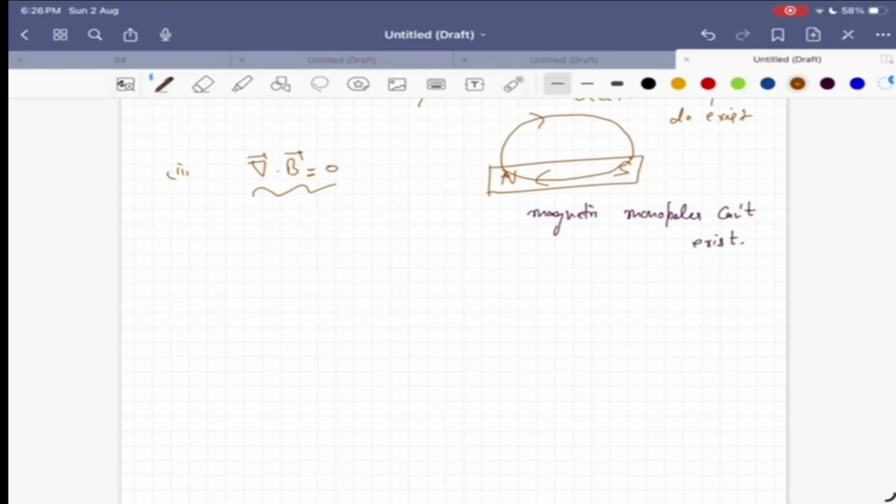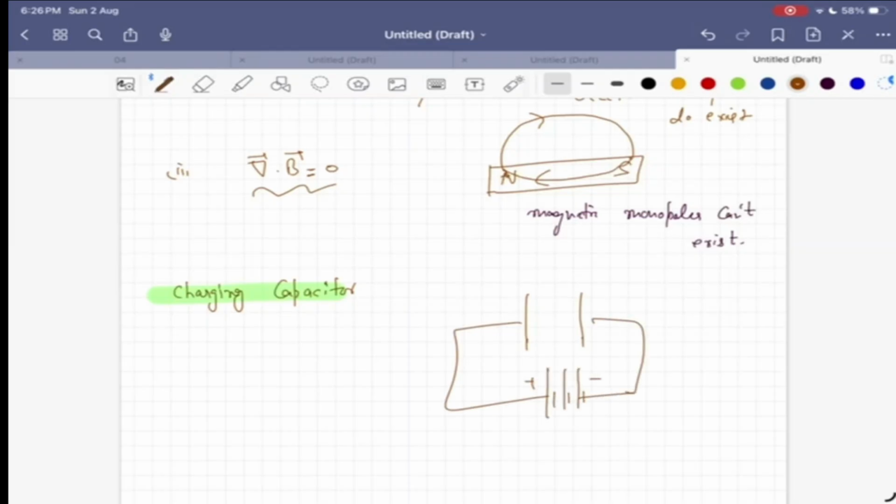So can we understand any application or use of this term? Let's explain the problem of a charging capacitor. Suppose we have a parallel plate capacitor, with a battery connected to it at potential V, a positive plate here and a negative plate here.